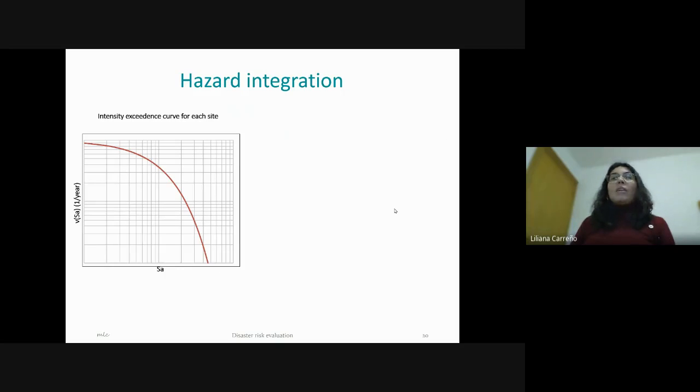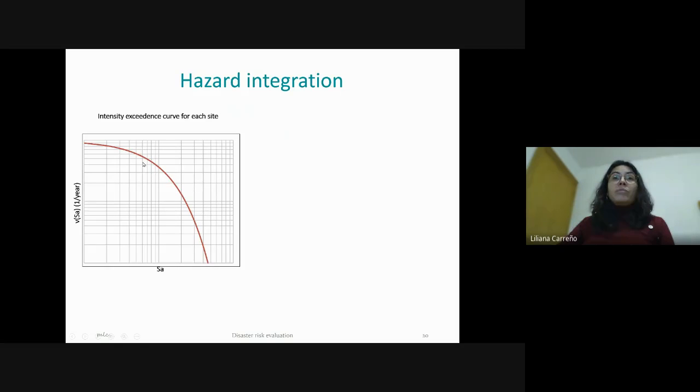With this calculation, I can construct this kind of curve, which is an intensity exceedance curve for each site of analysis. This curve shows here an intensity measure of the hazard, and here you have the annual exceedance rate.